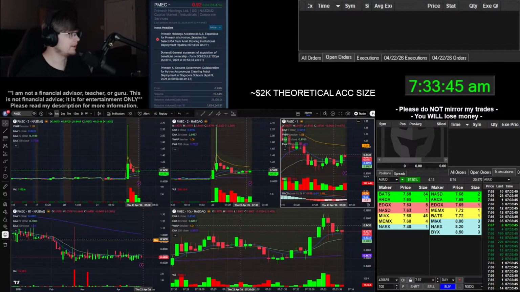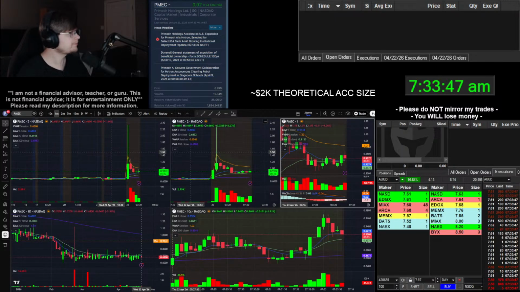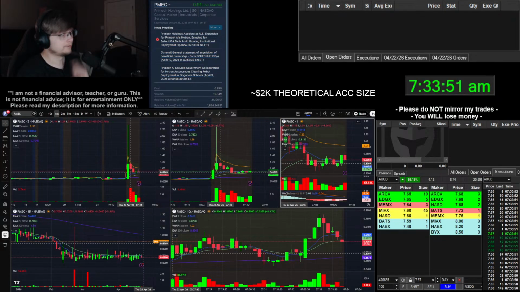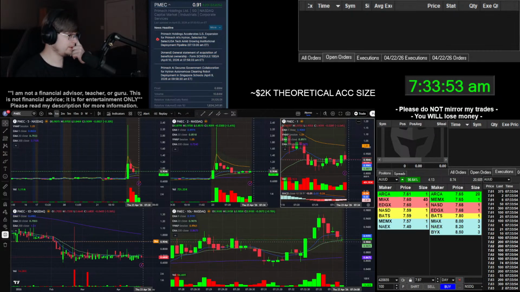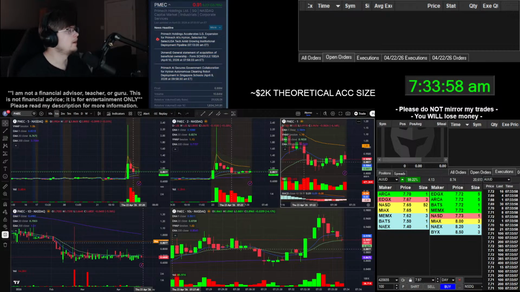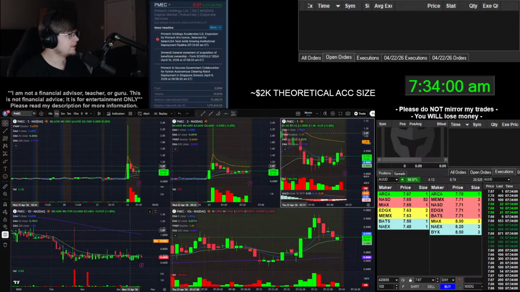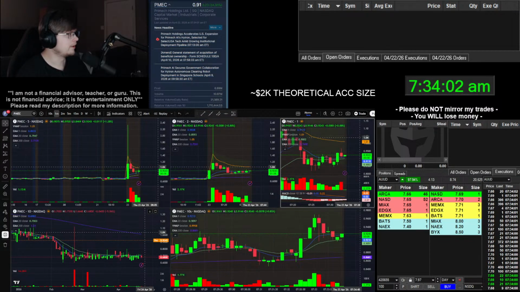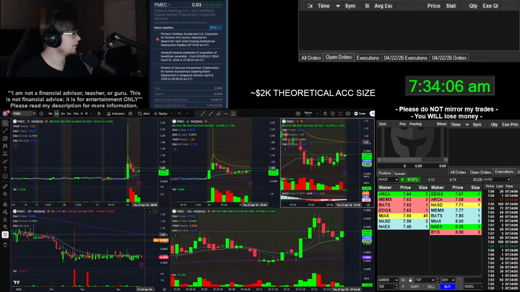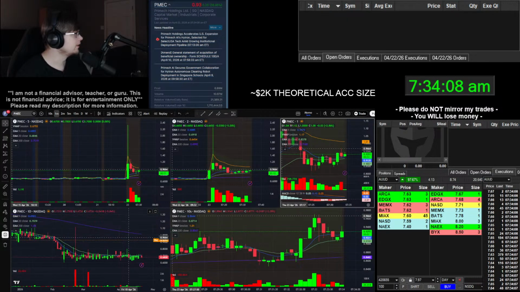This has the possibility to curl, but it's a lot of selling. You can see how much selling there is. High volume selling, low volume buying. I'm not really interested in it, especially since the 200 EMA and the $1 half dollar, whole dollar resistance level are kind of on top of each other here.